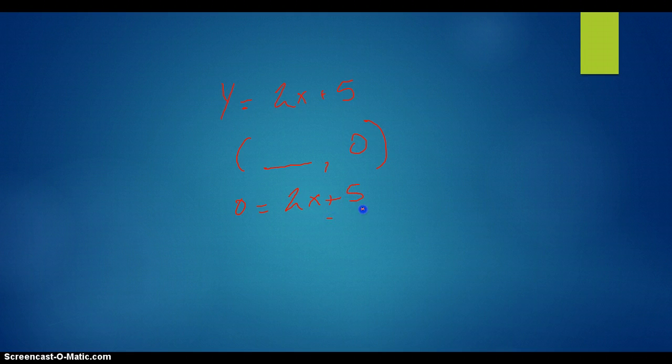This is a very straightforward algebra problem. So -5 over 2 equals x. And of course, -5 over 2, you can use your calculator and rewrite that as -2.5.